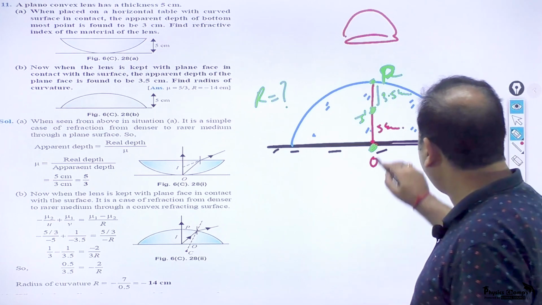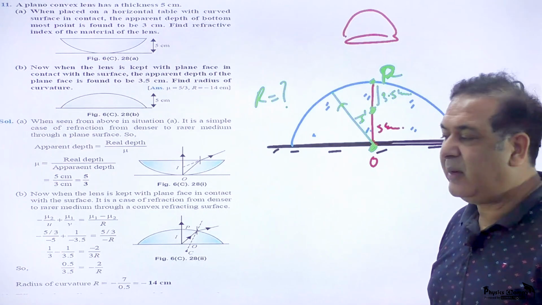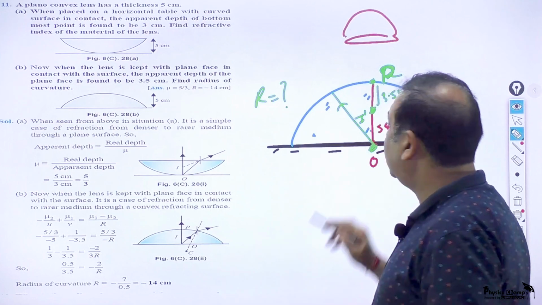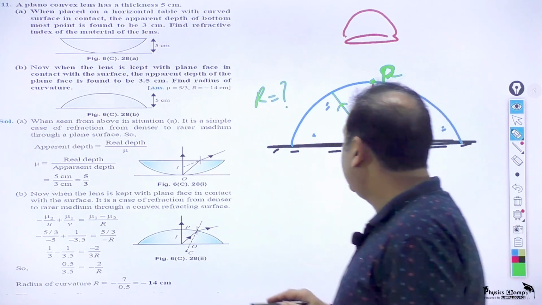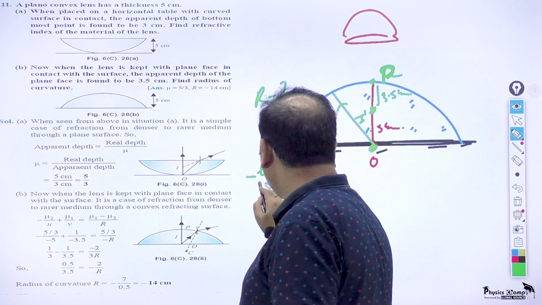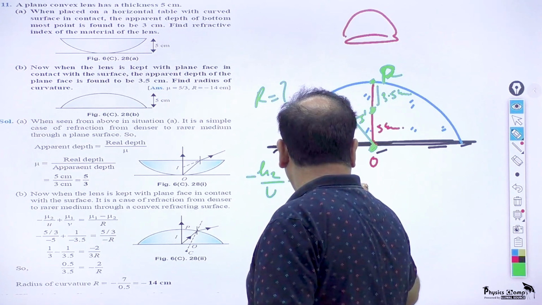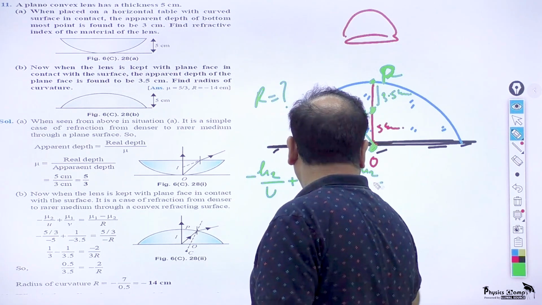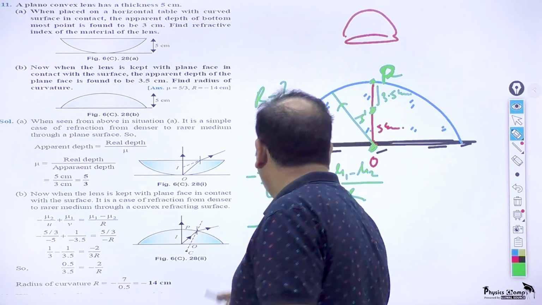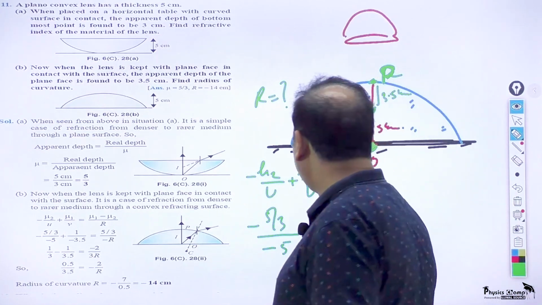So in the second case, it's a case of denser to rare refraction at a spherical refracting surface. You want the radius of curvature of this plano-convex lens. So it's a case of denser to rare: minus mu2 by u plus mu1 by v is equal to mu1 minus mu2 by r. Mu2 is 5 by 3. U, for this pole, will be minus 5 centimeter.